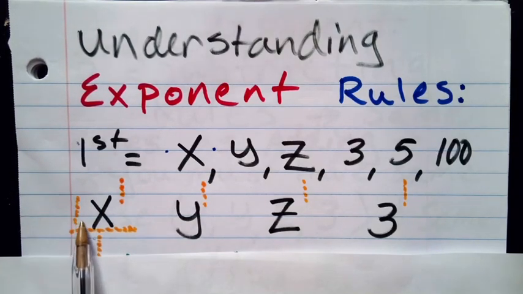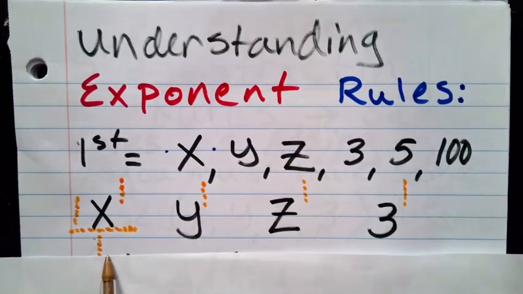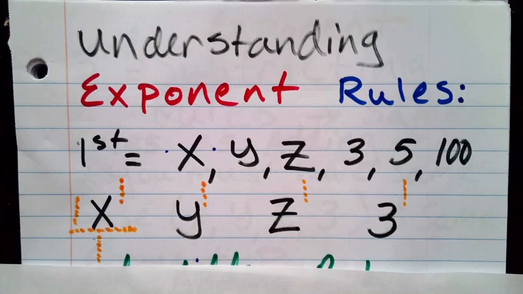There will also be an invisible 1 in the base of these values unless otherwise indicated. So each of these terms has an invisible 1 in the denominator's place, making each of these a fraction. And there's a 1 in front of both of these terms, and of course 3 is 3.